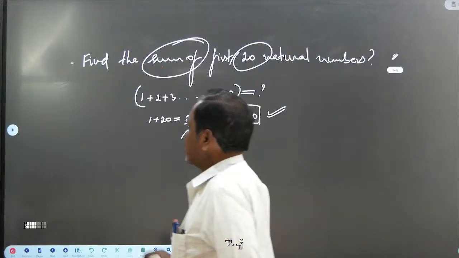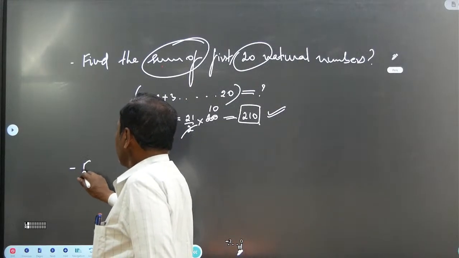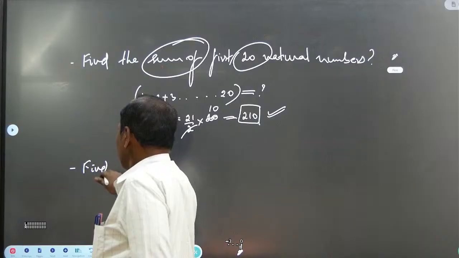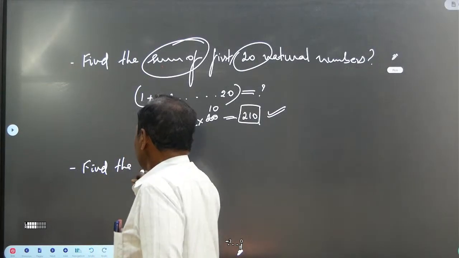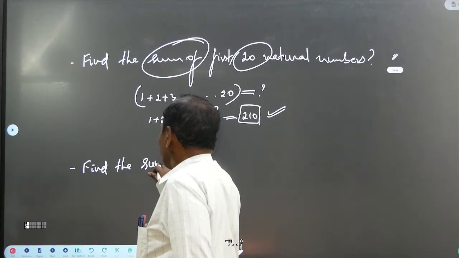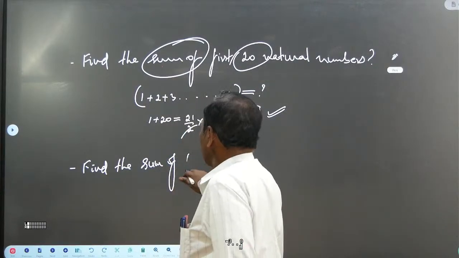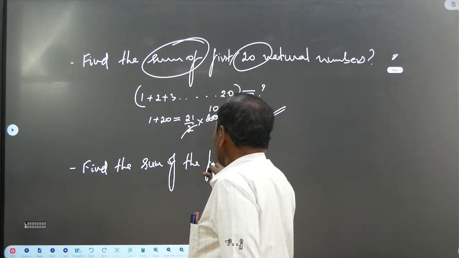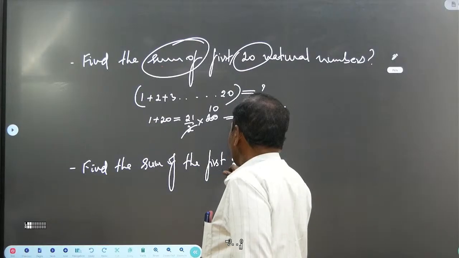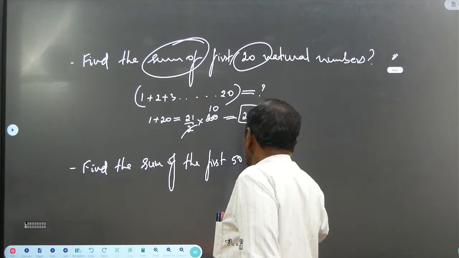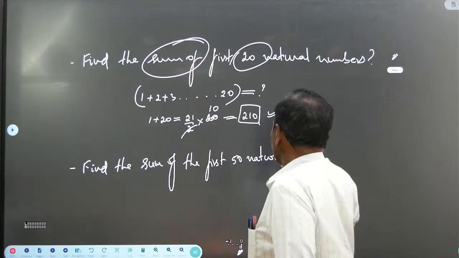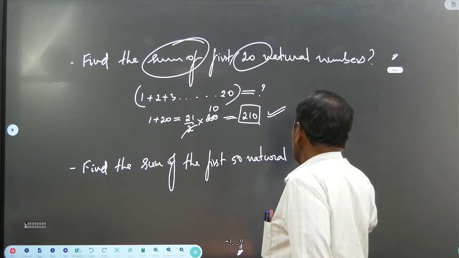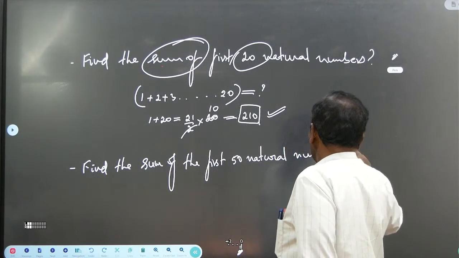Okay? Yes, next. Find the sum of the first 50 natural numbers.